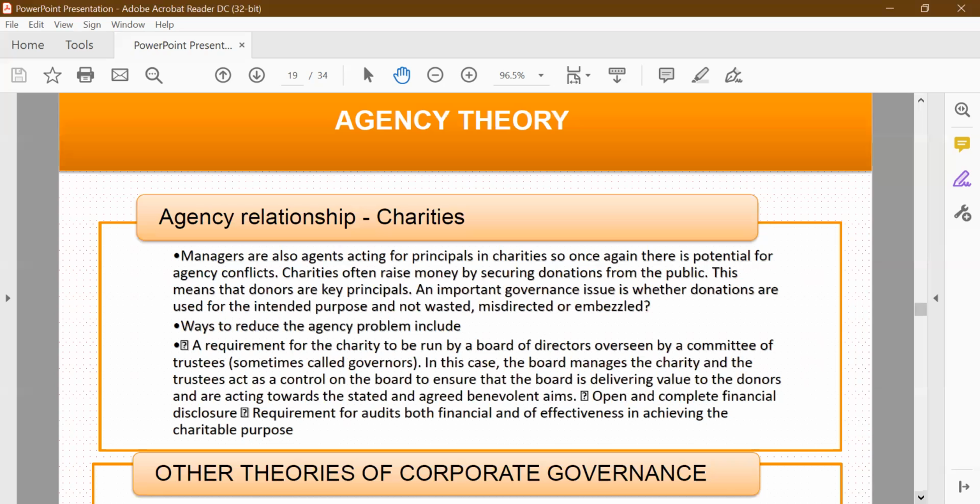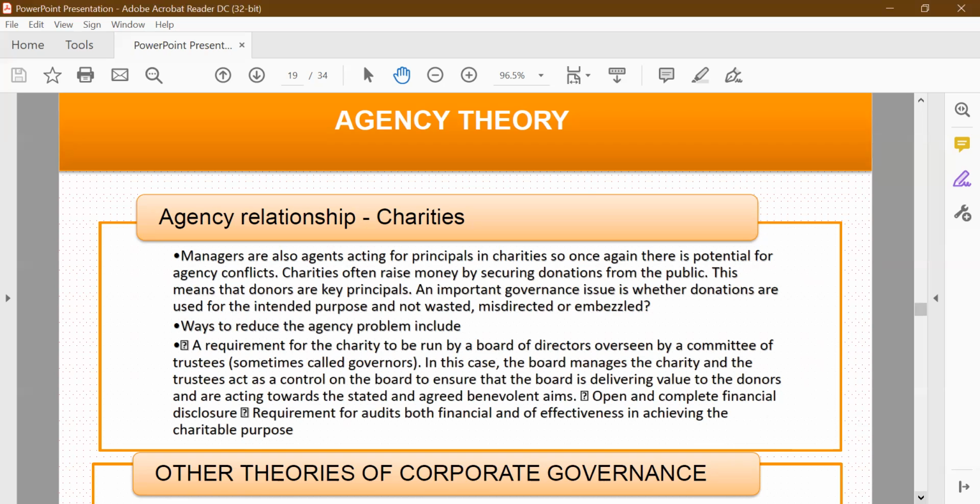That's how they raise revenue. So the donors here are the principals. A key governance issue that needs to be discussed here is whether the donations are used for the intended purposes or they are wasted, misused, or embezzled. It's very, very important.